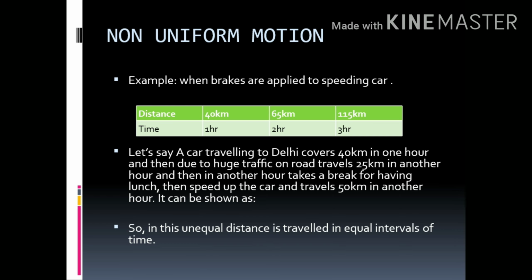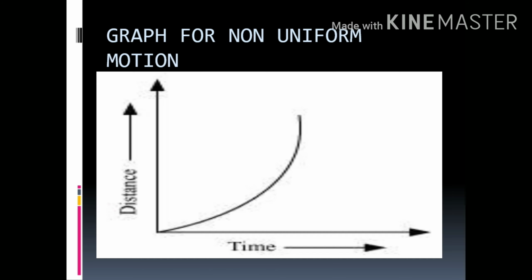So in the first hour it covers 40 km, in the second hour it covers 25 km, and in the third hour it covers 50 km. That means the time interval is equal, but the distance covered is not equal. That means the car is in non-uniform motion.